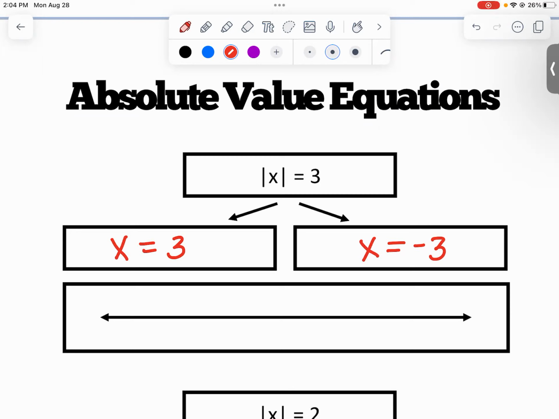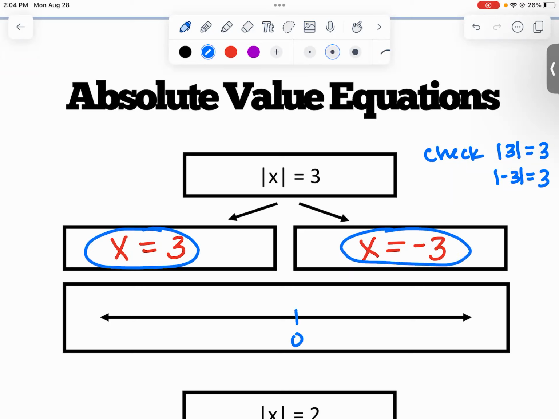Now, this is nice because we don't actually have any algebra that we have to do. Hooray. But we do need to check. Is the absolute value of 3 equal to 3? Yeah. Is the absolute value of -3 equal to 3? Yeah. So these for sure are our answers.